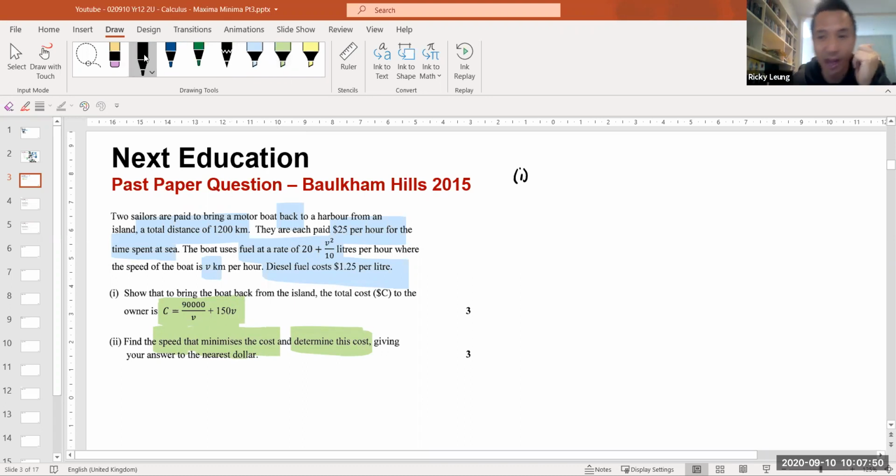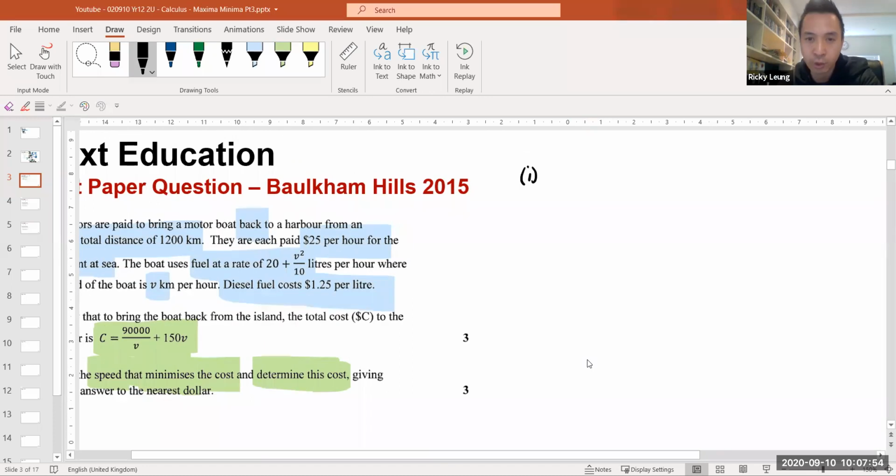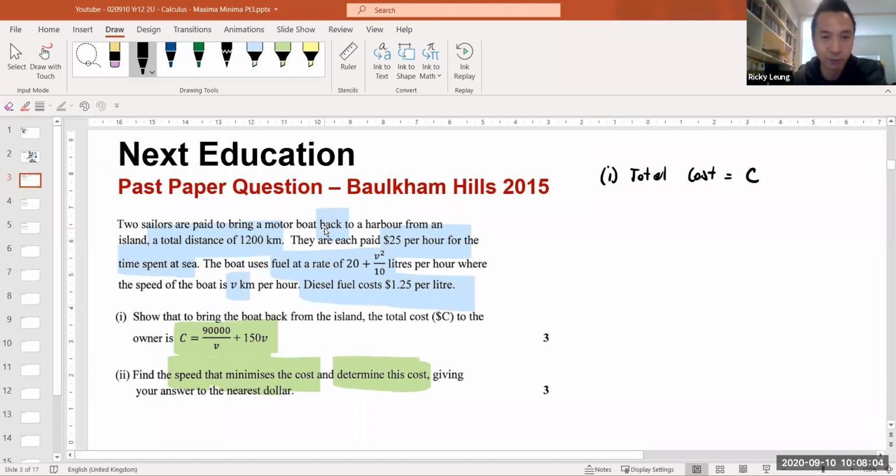This is absolutely key, right? So let me zoom in again. So total cost equals capital C. Now, can you extract from the information that there are actually 2 types of costs? There's one, let's call it the labor cost, right? Whatever number of hours they spend at sea, $25 an hour is the cost.